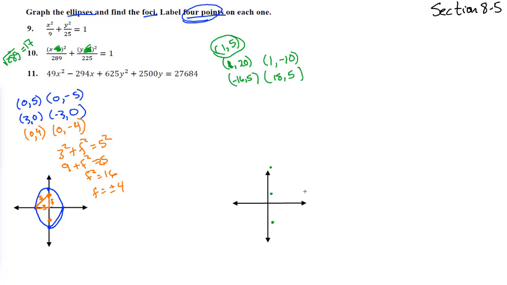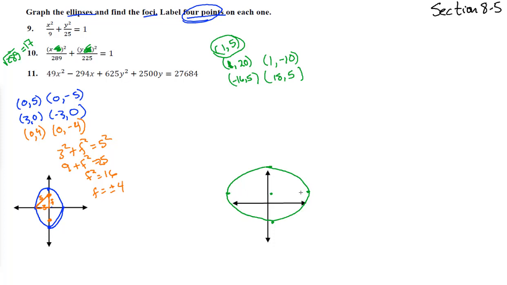So we go up 17, looks like it's about there, and back 17, about there. And you'll notice it's almost a circle, but it's squished just a little bit. The x squareds and the y squareds have different values in front of them. It doesn't turn out to be exactly equal. So there are 4 points, and now let's find the foci.